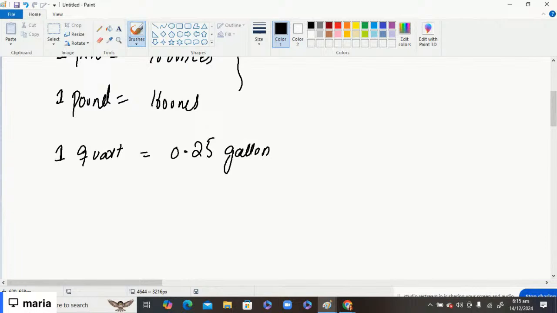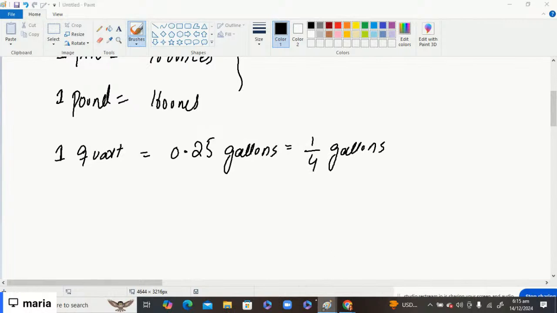Okay. 1 quart is how many gallons? One fourth of a gallon, that is 0.25. Or you can also put it as 1 by 4 or 0.25, any of it that you want. Or if you want to put 1 by 4 gallons, it's all up to you.